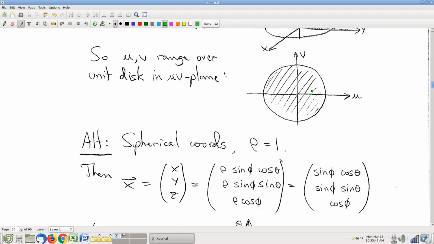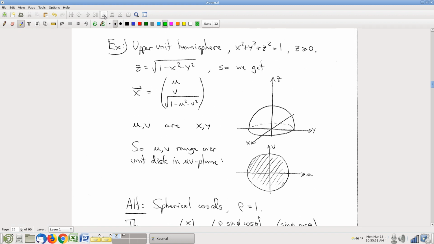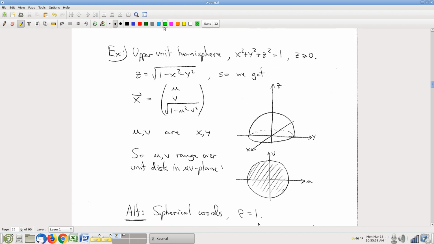So, in fact, let me zoom out where I can get all this on the page here. Take the point of view of this upper unit hemisphere as being described by this algebra instead of that algebra. So just ignore the rectangular coordinates. Sphere, radius 1, is easy. In spherical coordinates, it's just rho equals 1.